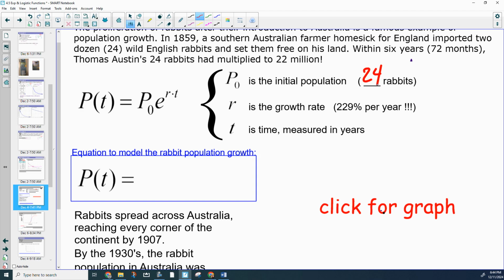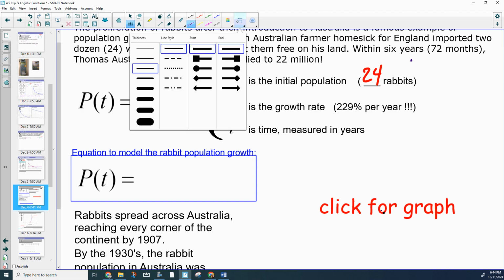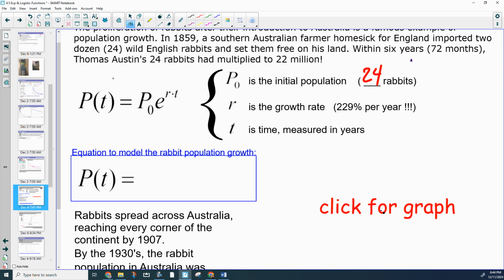R is the rate, which we didn't have to calculate here. They give us the rate. It's 229% per year. And then T is measured in years. So our equation for this, again, it starts at 24.